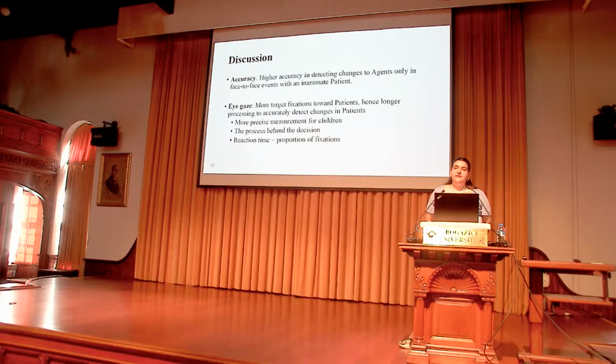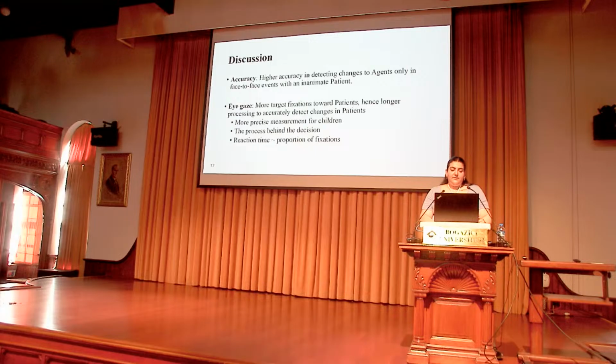We believe that this provides a more temporally precise measurement for children, since reaction time is not reliable when used with children. And compared to accuracy, eye gaze data gives us information about the process behind the decision, not just the decision itself.